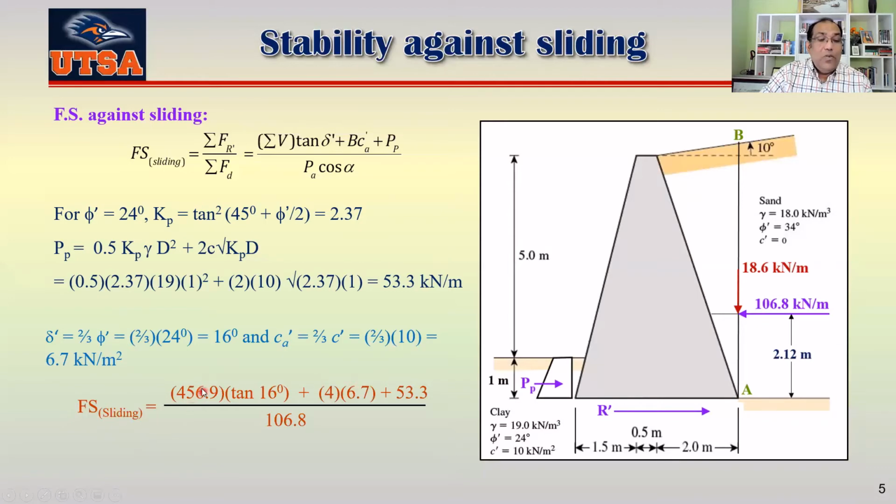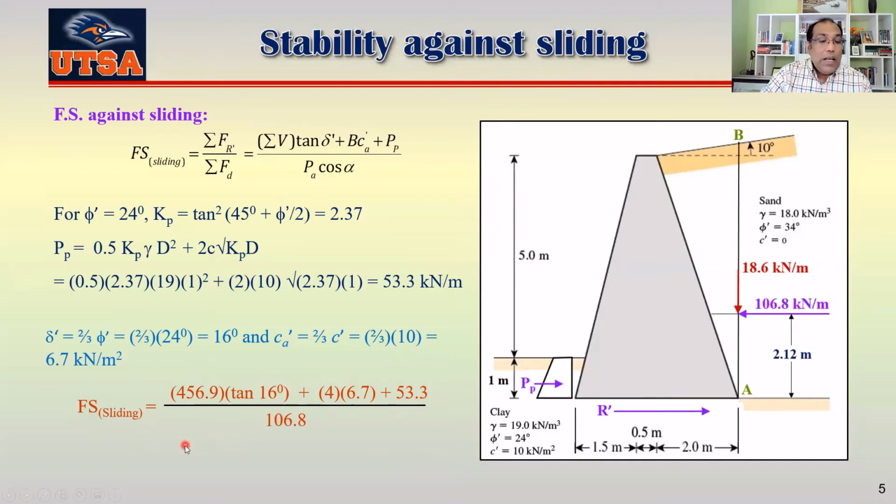Now, if you plug all those values in, because we already know everything here, your factor of safety against sliding would be summation of V, which we already got, 456.9, tan delta prime, which is 16 degrees, times B, plus CA prime times B, plus Pp, divided by Pa cosine alpha, which is this one here.